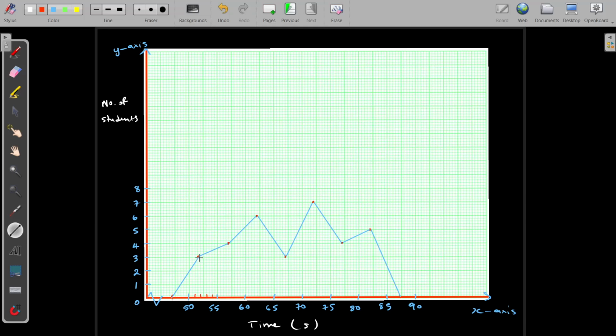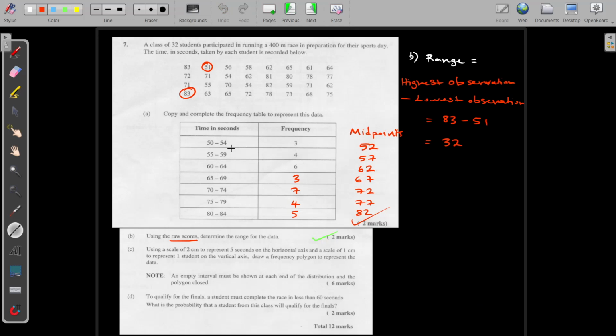So how many different areas do you think we would have under this frequency polygon? Let's see. 1, 2, 3, 4, 5, 6, 7, 8. So we have 8.